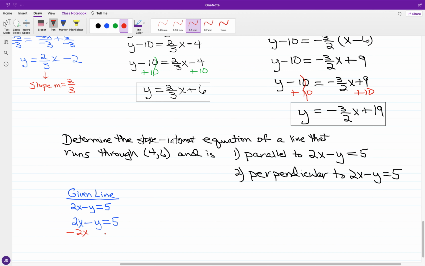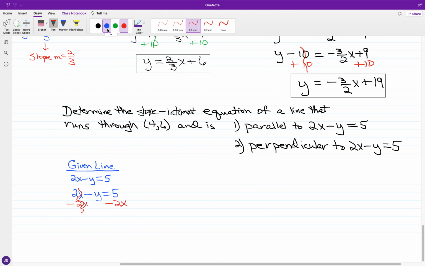Okay, so again, we have for this equation, if we get the y term by itself, so we can now move 2x. And so we want to have that negative y is equal to negative 2x plus 5.